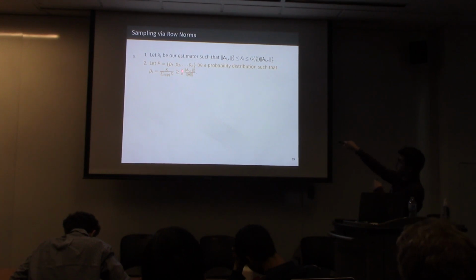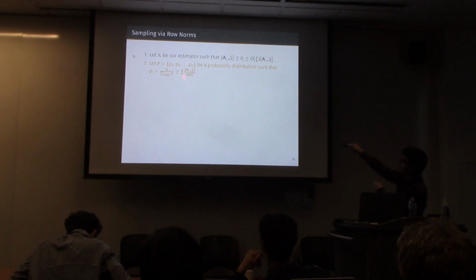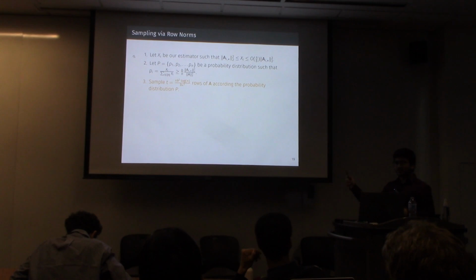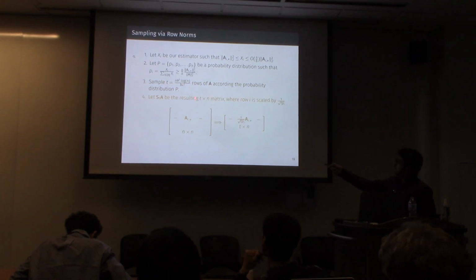Recall Frieze-Kannan-Vempala required an O(1) here. They wanted this to be a constant, so this is really bad. But okay, we'll still sample some N over B times poly(k, 1/epsilon) rows of A according to this probability distribution, and we get a T by N matrix.